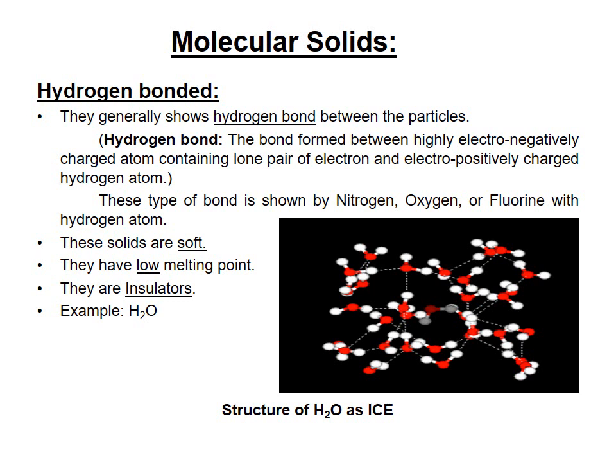The third type of molecular solid is hydrogen bonded molecular solids. These solids generally show hydrogen bond between the atoms. What is meant by hydrogen bond? The bond formed between the highly electronegative atom containing lone pair of electrons and electropositively charged hydrogen atom.